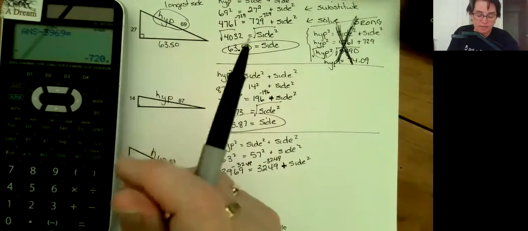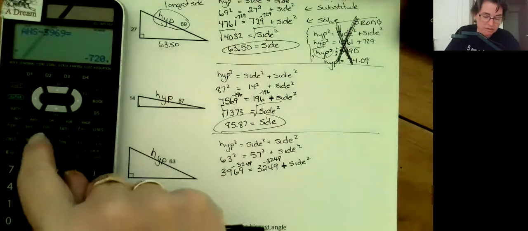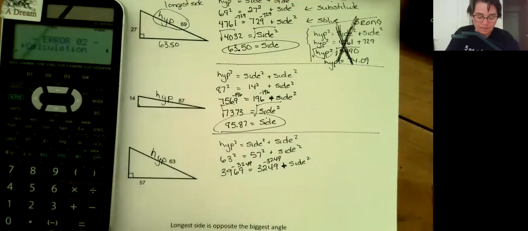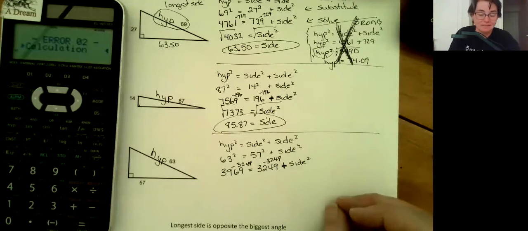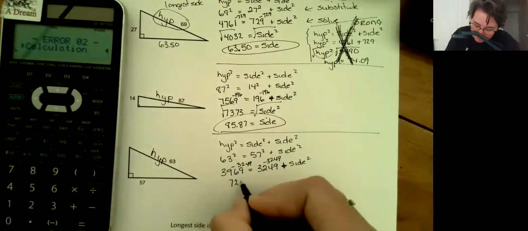It's negative 720. Now, I might not catch that mistake at that point, but when I try and do a square root, it tells me I have an error, and it's like, oh yeah, remember? You can't take the square root of a negative number, at least not until you get into pre-calculus or calculus, where you learn about imaginary numbers. Yes, those do exist. All right, so it's 729.